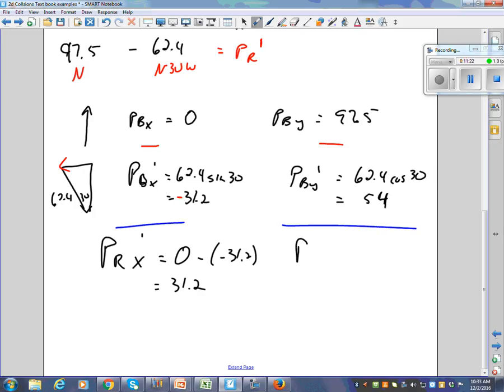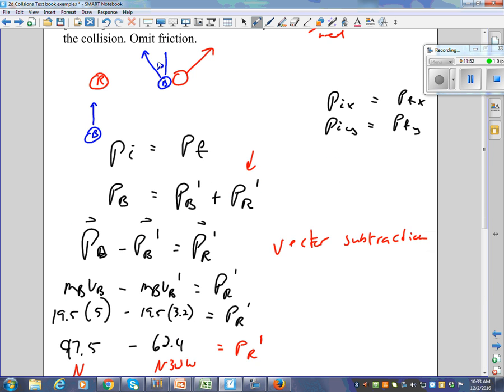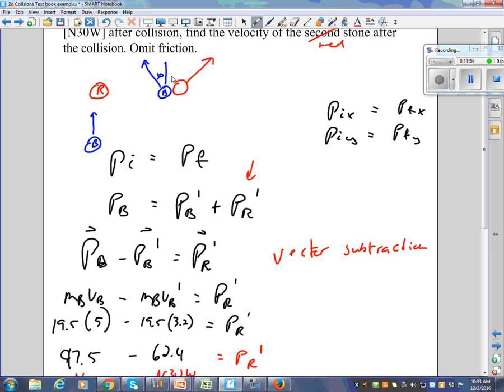And PRY prime is going to be 97.5 minus 54. I get 43.5. Okay. Both positive, is that right? Yeah. Does that make sense? The red components are to the right, the X is to the right and the Y is up. Yeah, that's what's happening, right? Have you guys run out of room yet on your page? Good.